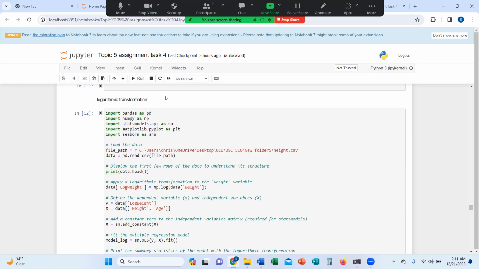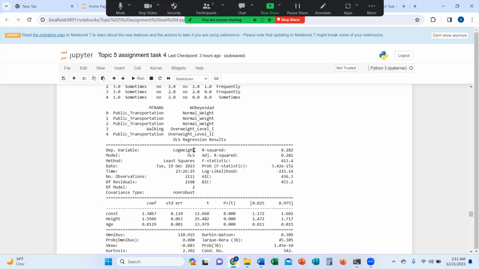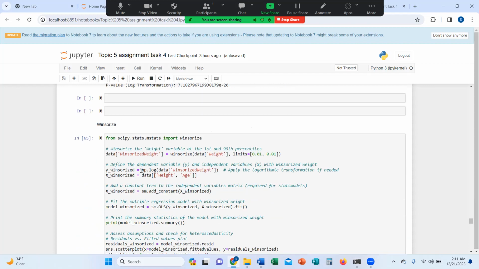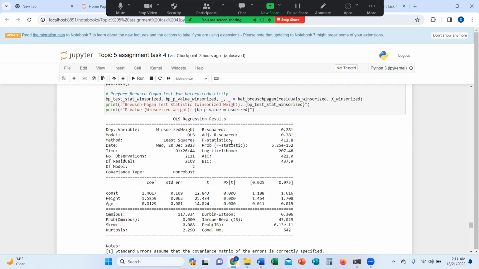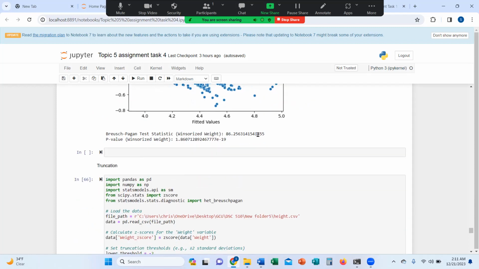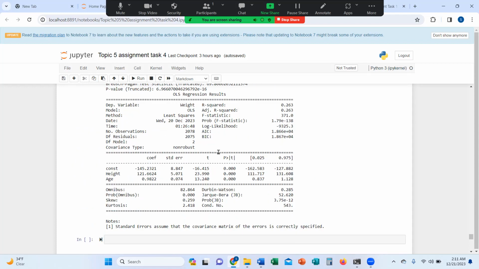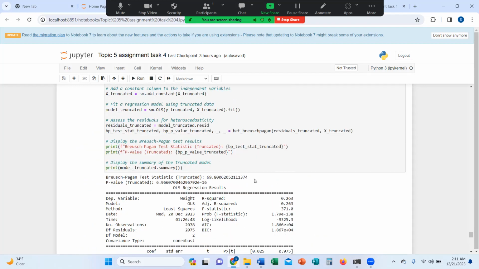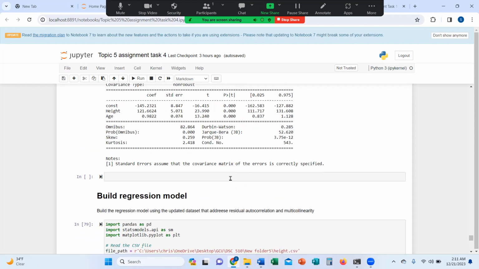I used logarithmic transformation, and the value I got now is 88. I Winsorized the data, and the value became 86. Then I did truncation. And with truncation, the value is 69 now.